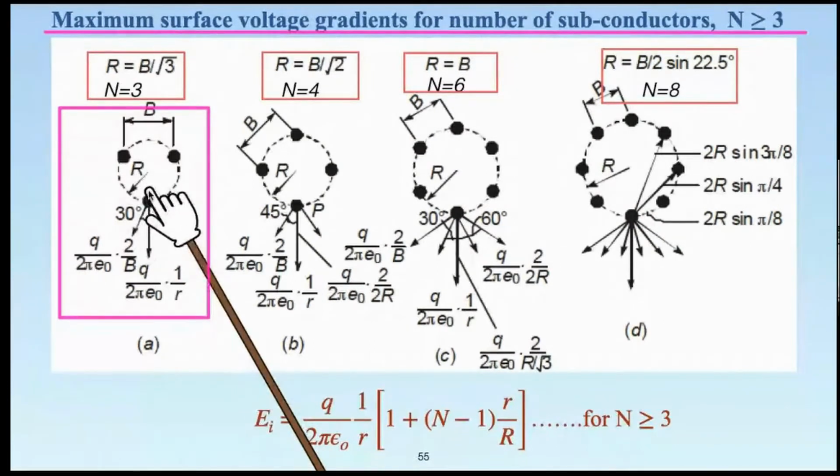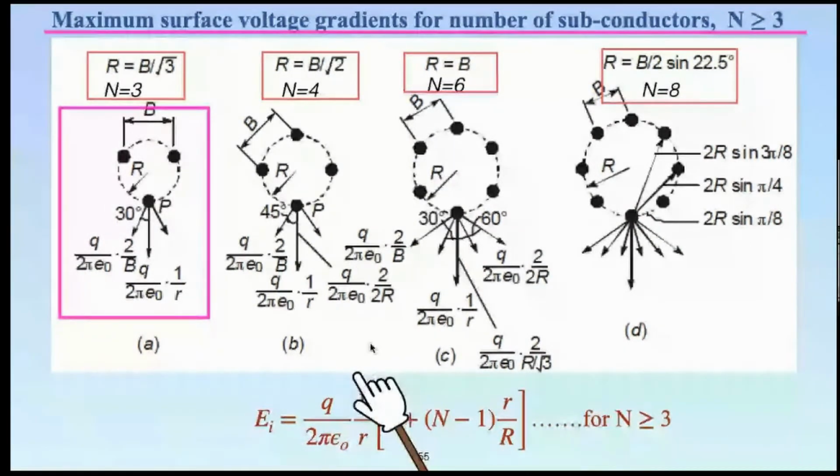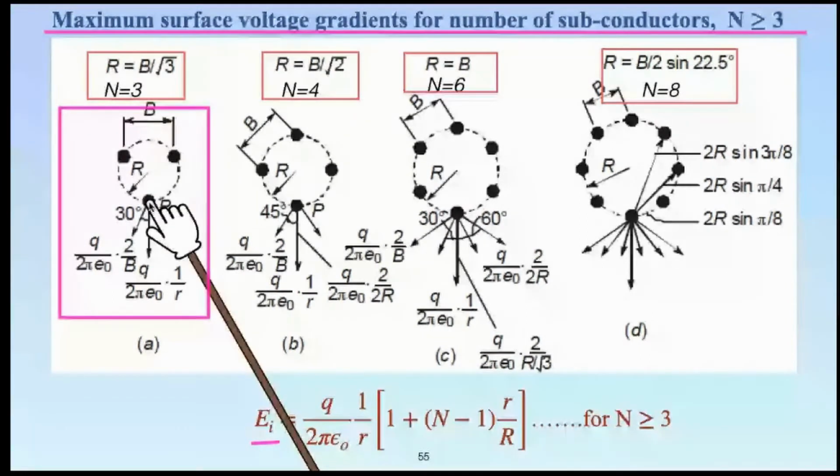So that's why at the bottom here we can see that we are trying to find out maximum surface voltage gradient or electric field on the inner side. On the inner side, naturally there will be 3 sets of forces acting on a point on the surface of, let us say, one of the conductors. So what are those 3 forces?